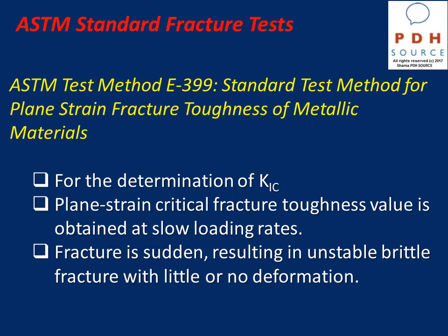The test is done under plane strain condition, and fracture to be achieved is sudden, resulting in unstable brittle fracture with little or no deformation. Again, when I mention plane strain, it refers to conditions of maximum constraint. We are talking here about thick plates and deep cracks.